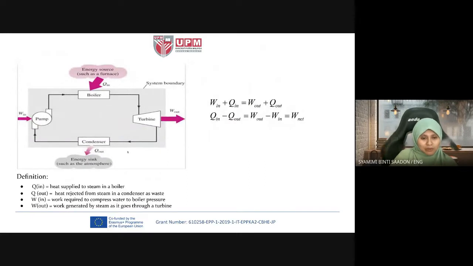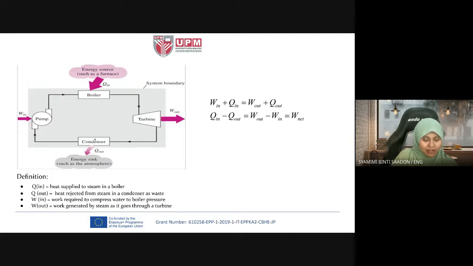Example, you don't want to waste heat. Okay, you want to save, of course. The working fluid, air or water, exiting the turbine is at a high temperature and high pressure.